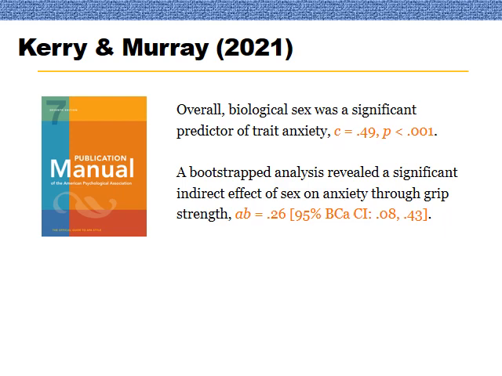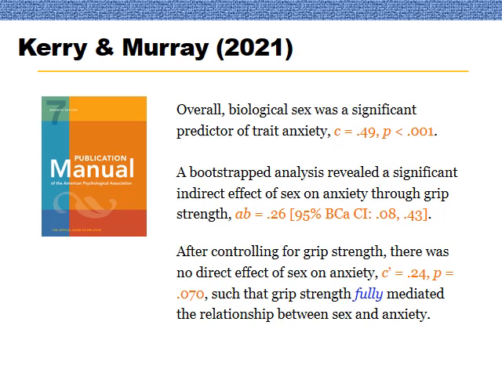So what this tells us is that yes, there was an overall relationship between sex and anxiety. Women tended to have more anxiety than men. The reason for that relationship, according to these researchers, is how physically strong a person is. Specifically, because men tend to be more physically strong than women, and people who are physically stronger tend to have less anxiety, our mediator variable explains this relationship.